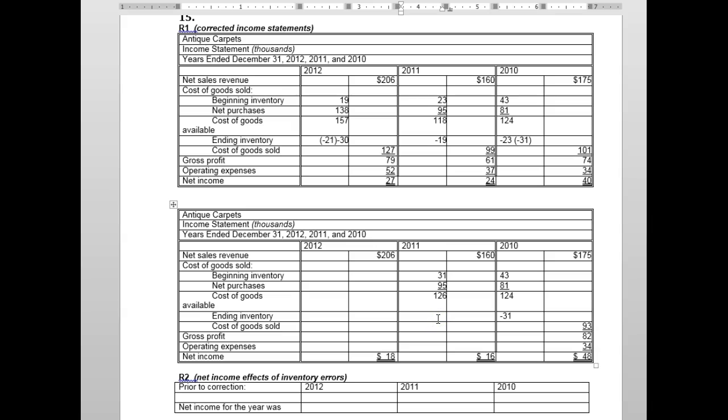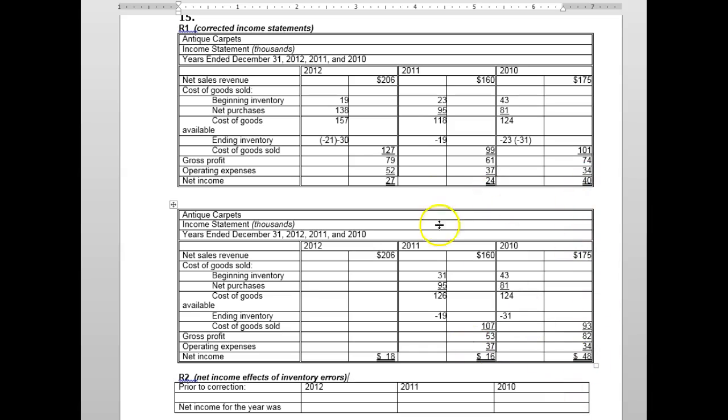And this was a negative 19. We had an ending inventory of 19. That didn't change, which makes this 107. This is 53 then. And this would become 37.